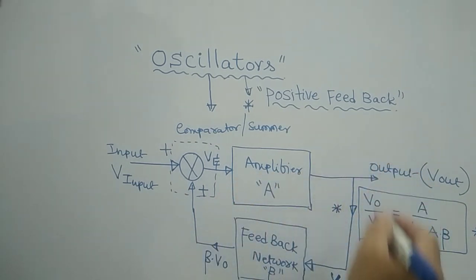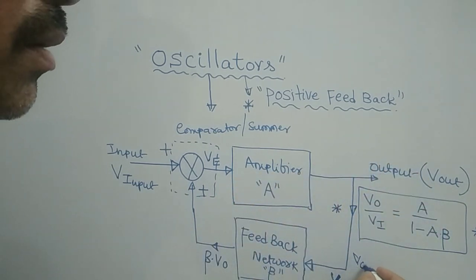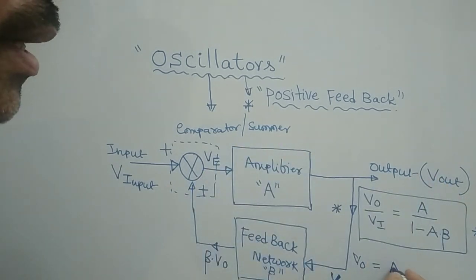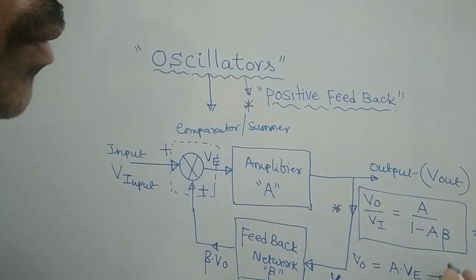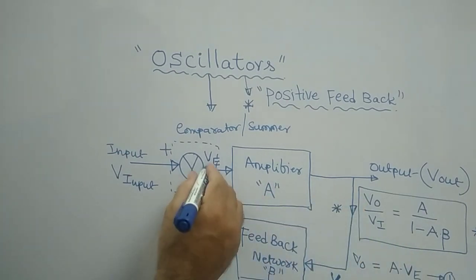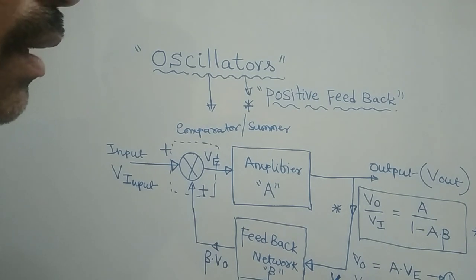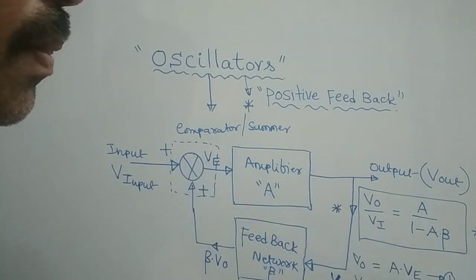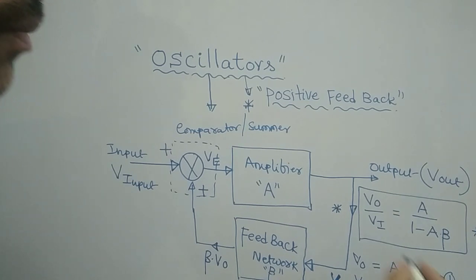What is the first expression? From here, V naught, the output, is equal to A into VE. That is expression number 1. Now, what is expression number 2? VE, the error signal, is equal to the input voltage Vi plus, because it is positive feedback, beta times V naught.